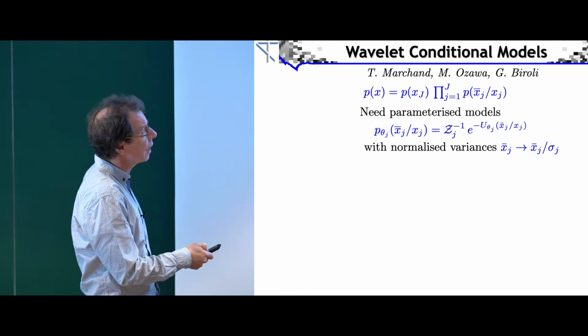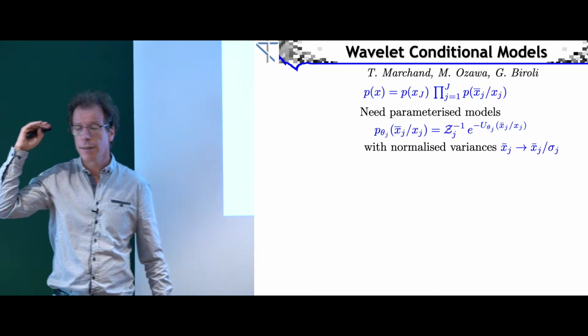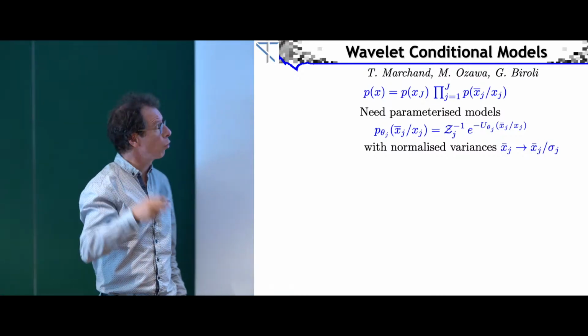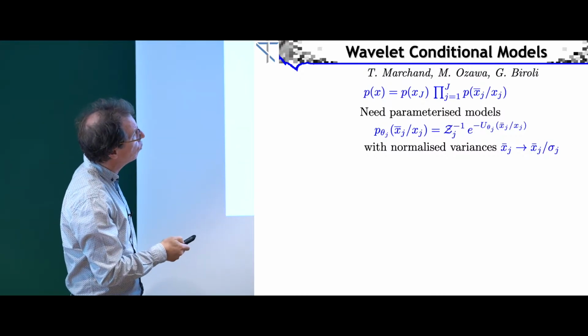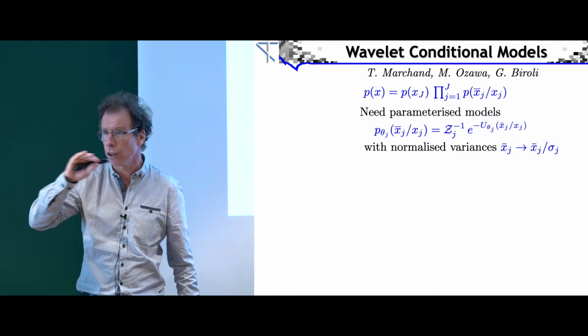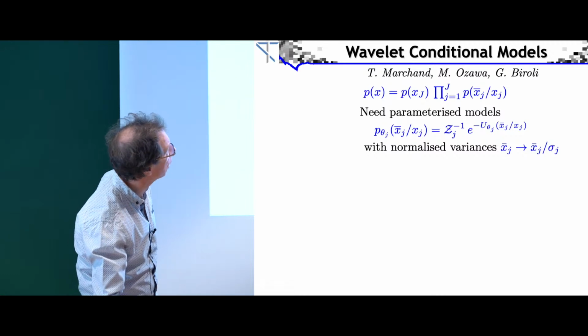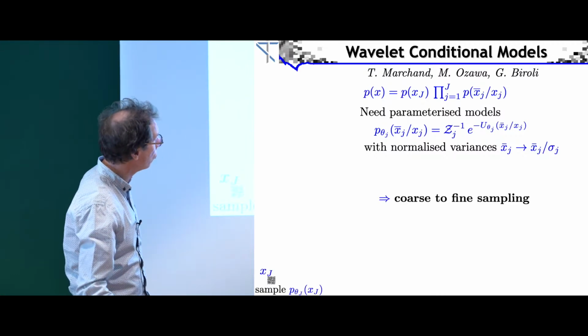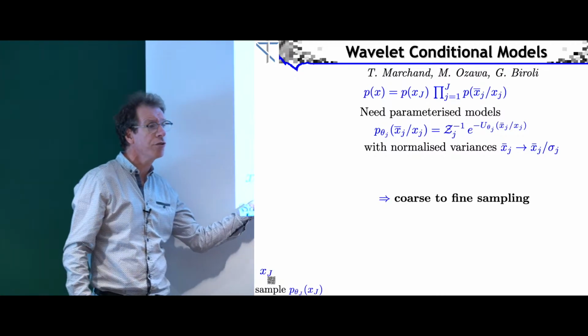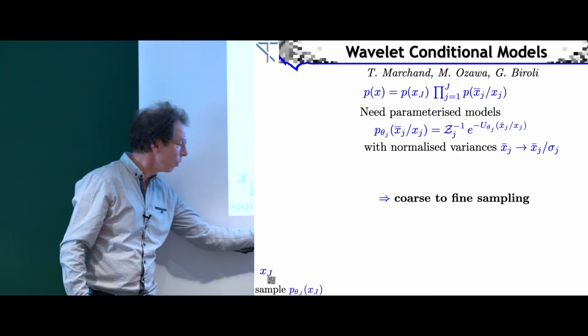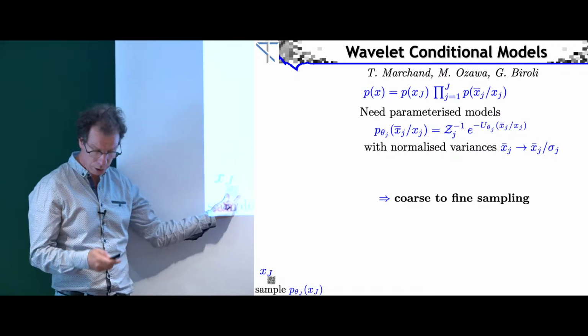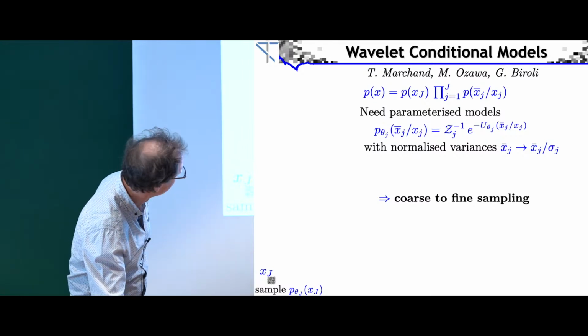A very important element is that each time, exactly as in the renormalization group, we renormalize the amplitude of the wavelet coefficients so that they have a variance of the order of 1. If we were able to build such a model, that would allow coarse to fine sampling. We begin at the very coarse scale. If we have a model, we just sample the model, and then we go to the next scale.